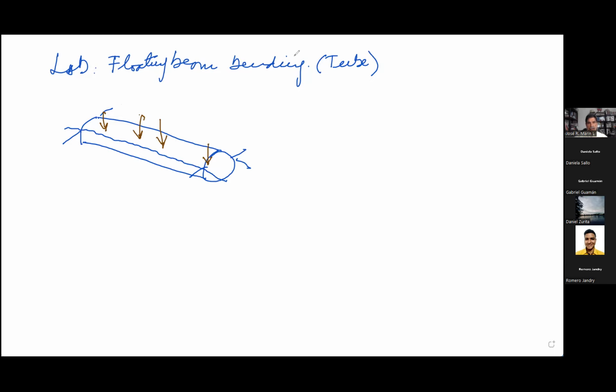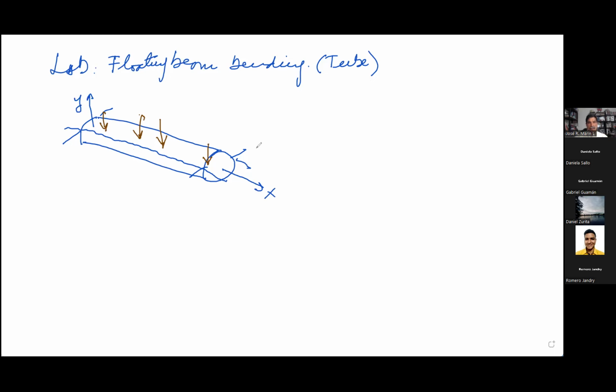Now this is X. Since we are close to our chapter 1, let's consider this is our normal reference system.